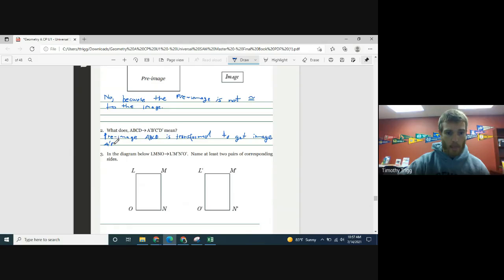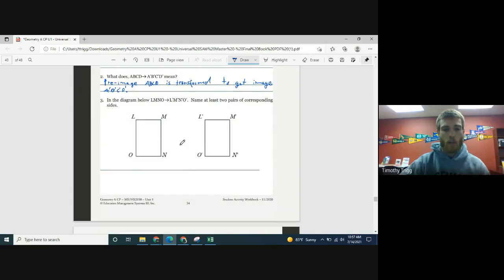Whenever you see those apostrophes, they're called primes, know that that'll be part of the image. So A, B, C, D is the pre-image, the starting, and then the image always has those primes on it.